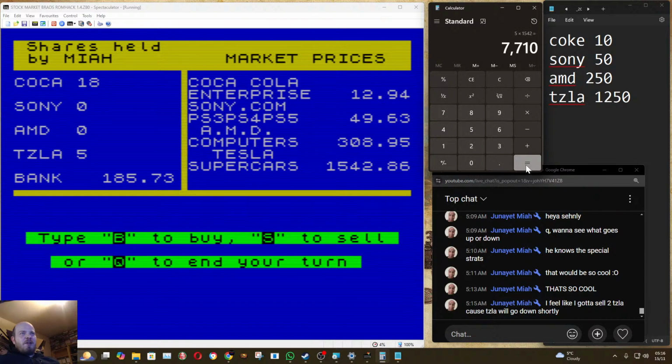You have $7,000 in Tesla, right? And then you have 18 Cokes, yeah? Imagine Tesla went bankrupt. You would then have only $200. So you want to get some stuff in some other places, ideally. Otherwise, you're lost. Don't you reckon?